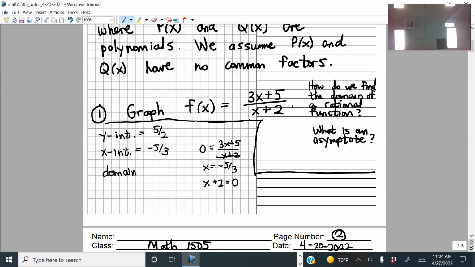In other words, we look for the x-intercepts of the denominator, also a polynomial, so it may have several x-intercepts. And all of those x-intercepts cannot be in the domain. So in this case, take x plus 2 and set it to 0, and of course you get x equals -2. So your domain is all real numbers except -2.